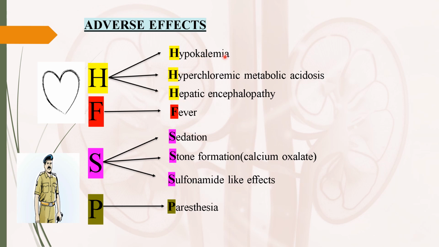Hypokalemia is due to excretion of potassium ions in exchange with sodium ion reabsorption in the collecting duct. Hyperchloremic metabolic acidosis is due to alterations in chloride and bicarbonate ions excretion. Stone formation is mainly calcium oxalate stones, which results in ureteric colic. Sulfonamide-like effects may be hypersensitivity reaction, bone marrow depression, and interstitial nephritis.